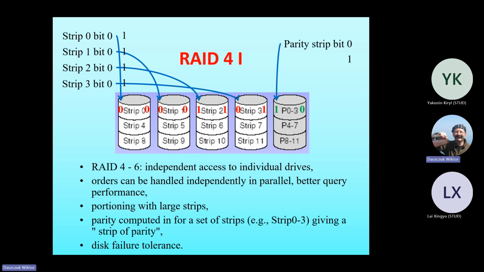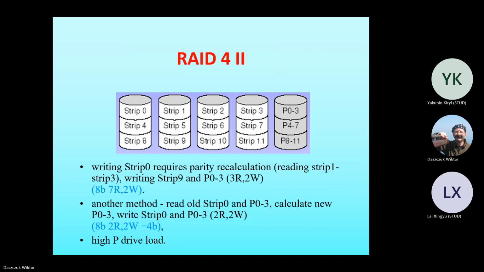However, assume that we replace some data in stripe 3. The naive solution is to read all those stripes, 0, 1, 2, 3, recalculate parity, and write it down to the parity disk.